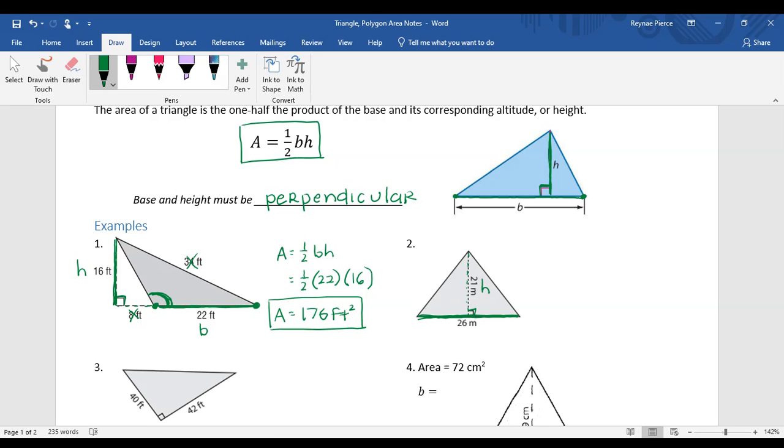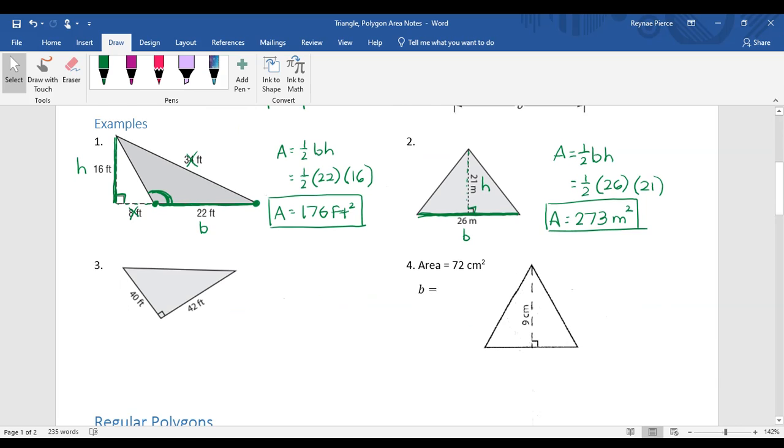So 21 is our height, 26 is our base, and I'm going to substitute those two values into my equation. 1/2 times 26 times 21 gives me 273, and my units are meters squared.